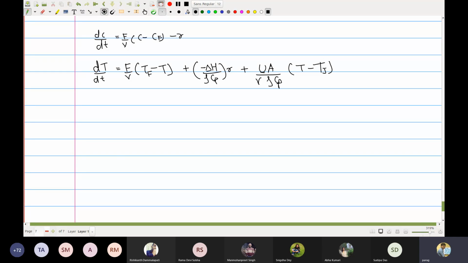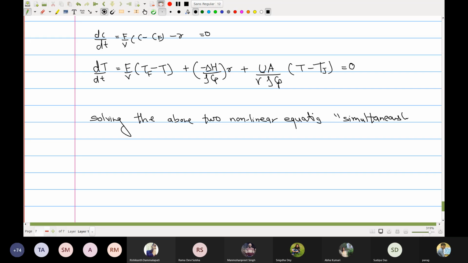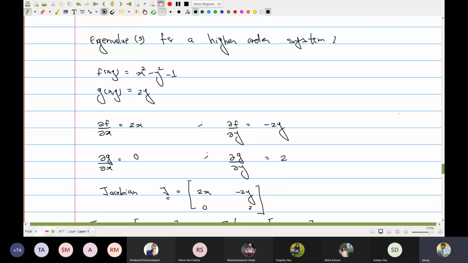This would be obtained by setting this equal to 0 and this equal to 0 and solving the above two non-linear equations simultaneously. Right? We saw in the previous case, we solved these two equations simultaneously. We did not get one solution.